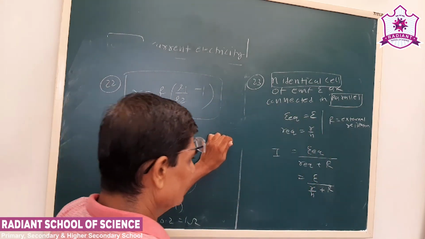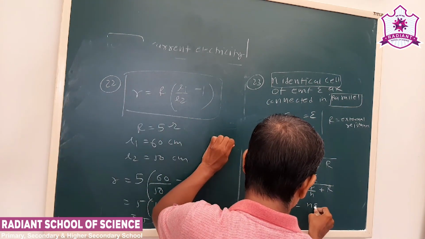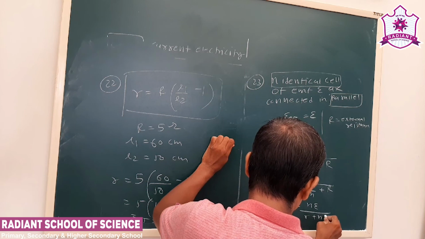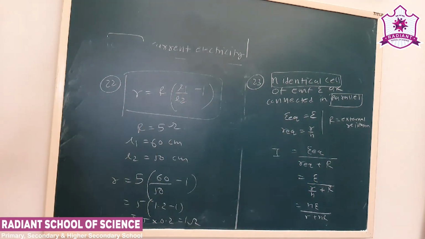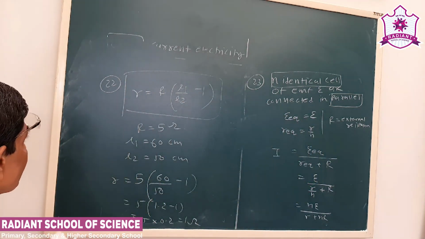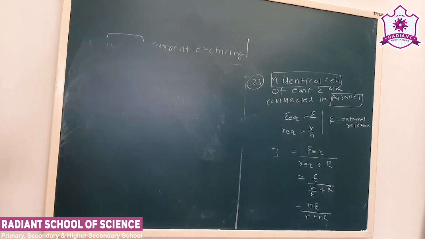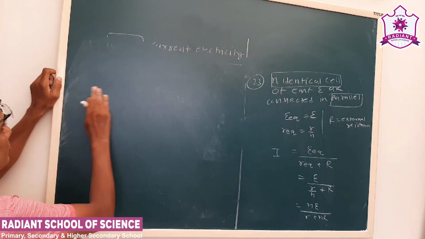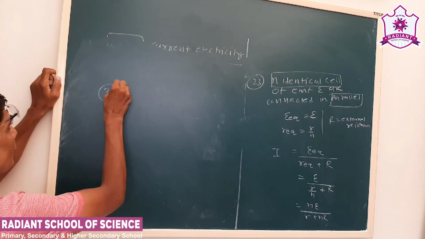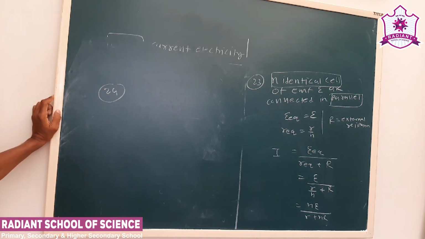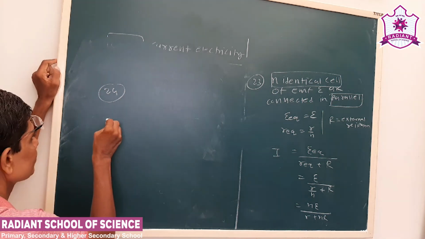Okay, so now we simplify this. n will move to the denominator, R plus r by n. Okay, this is how we can solve. Now see our next MCQ. Okay, a wire is stretched to make its area of cross section 1 upon n times.